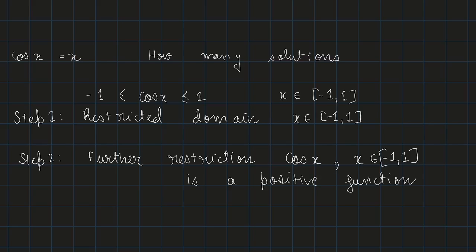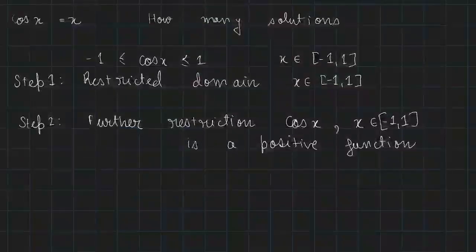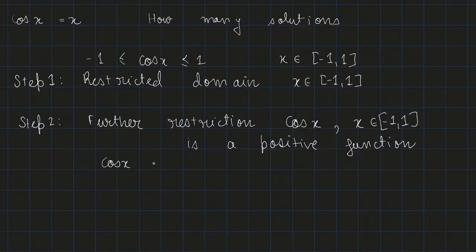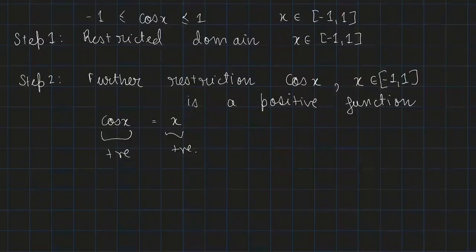And that tells me that if I'm saying this is positive, this also has to be positive. So my further restricted domain, instead of minus 1 to 1, is 0 to 1. Okay, all right, I'm dealing with this now.